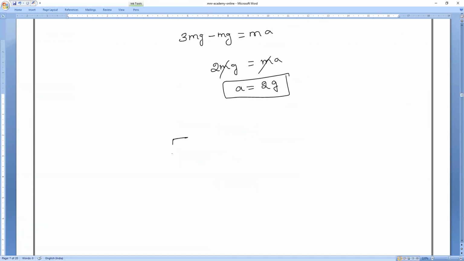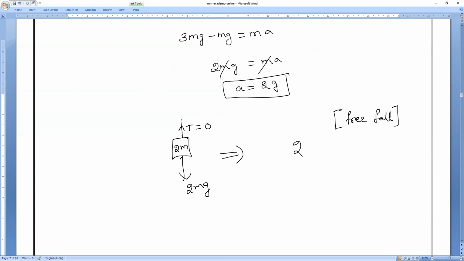Then the 2m body will come downwards. Upward tension is there, but as soon as we cut, the tension will become zero. So down, only one force is acting: 2mg. If I cut, it is in a free fall case, like a lift free fall problem. Free fall means you travel with only acceleration due to gravity.